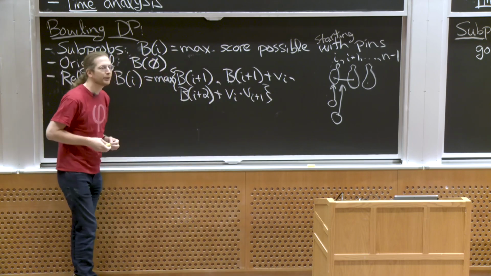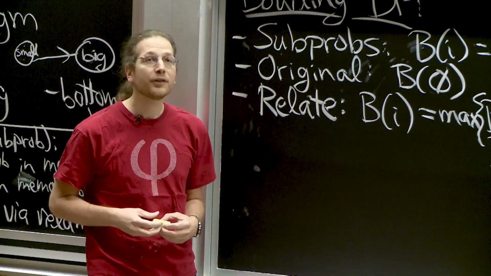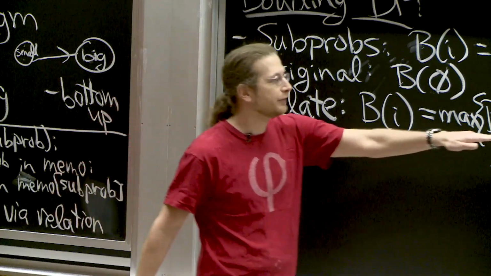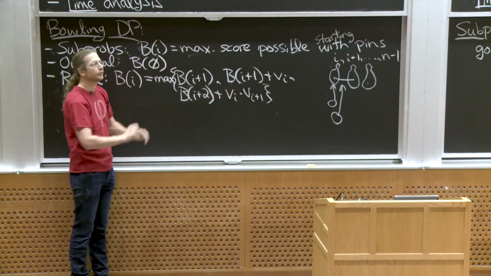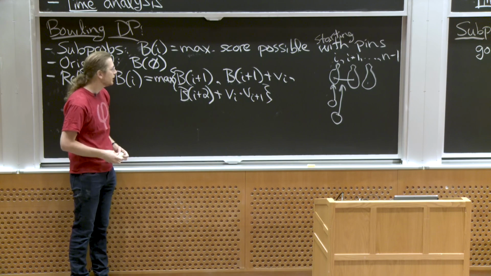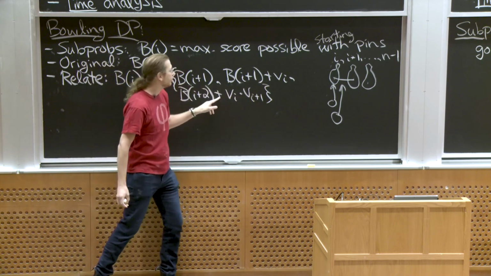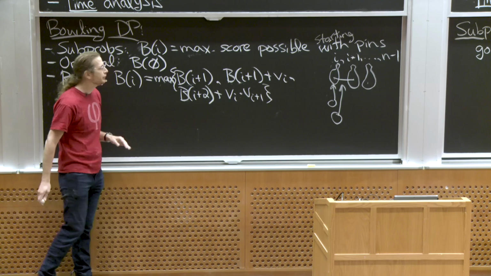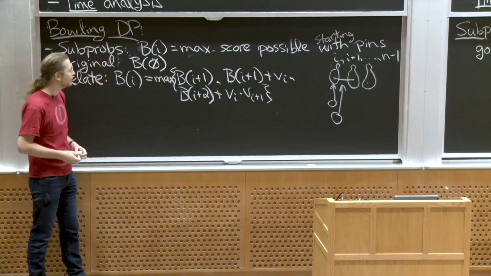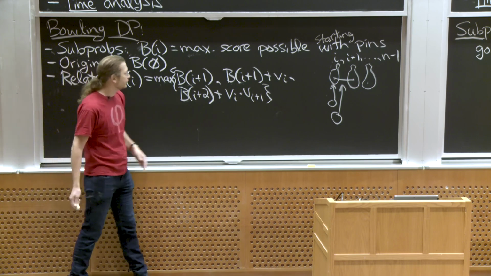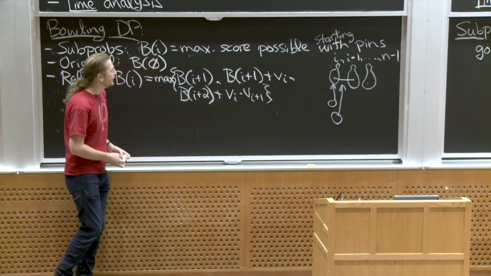So how long does it take me to compute it? I claim constant time. If I don't count the time it takes to compute these other subproblems, which are smaller because they are smaller suffixes further to the right, then I'm doing a couple of additions, a product, a max. These are all nice numbers. We'll assume that they live in a W-bit word because we're only doing constant size products. That's good.